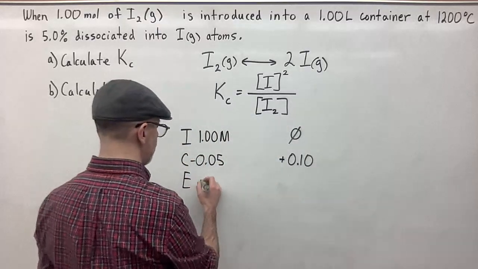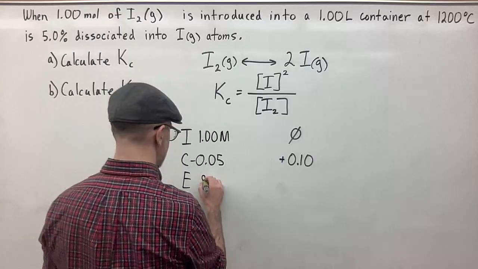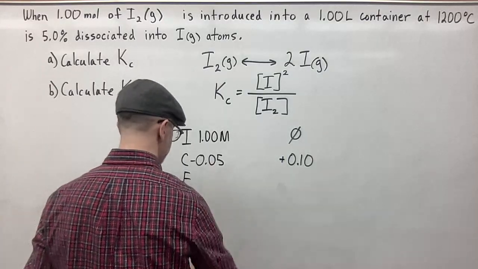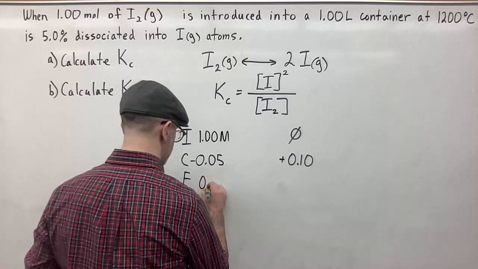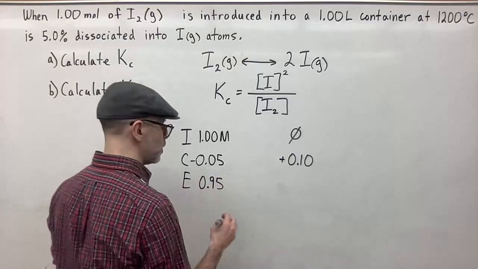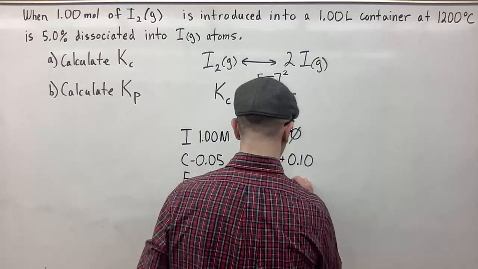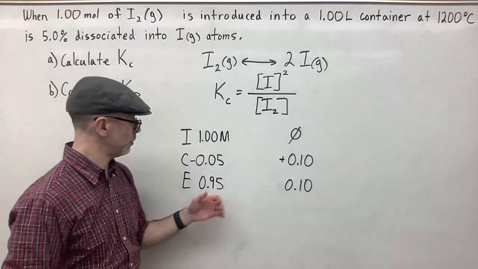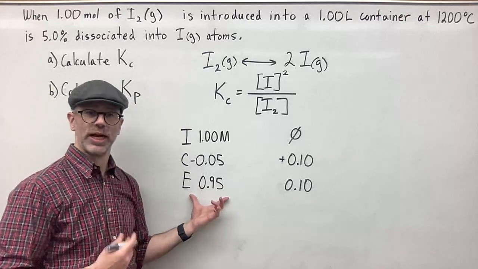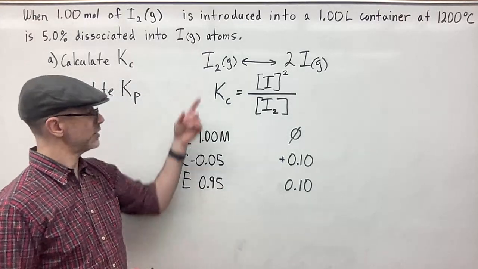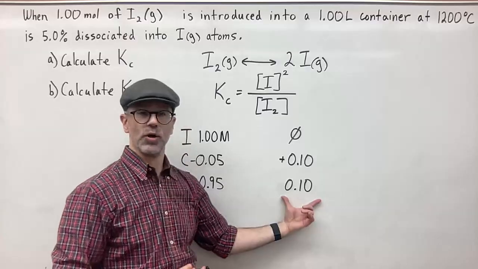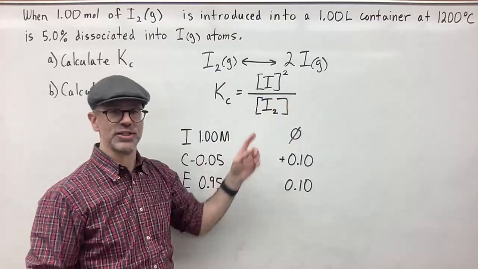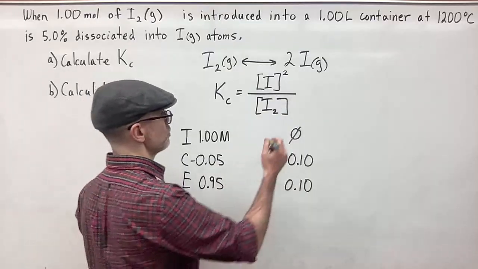And so we end up at equilibrium with 0.95 here, and 0.10 here. So at equilibrium, we have 0.95 molarity of the I2, and 0.10 molarity of the I. Now we have our concentrations that we can plug into our expression.